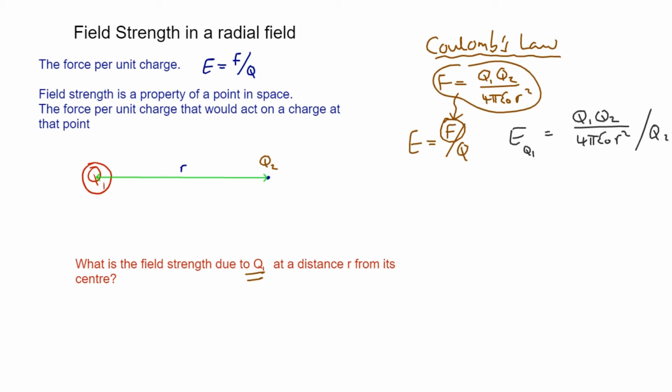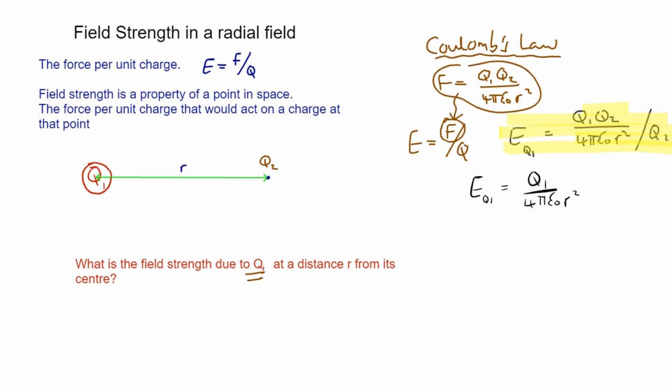So look, if you need to pause and listen through that again, do so, and make sure you understand what I'm saying there, because that simplifies now, and we end up with E, the field strength in the field of Q1, is equal to, the Q2's cancel out, Q1 over 4 pi epsilon naught R squared. Now, that is for Q1, but of course I can write a general equation for the field strength due to a charge Q. We've only got one Q now, so we don't need to put Q1 or Q2.